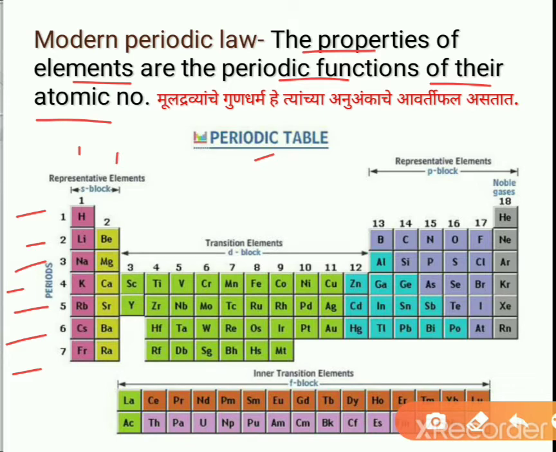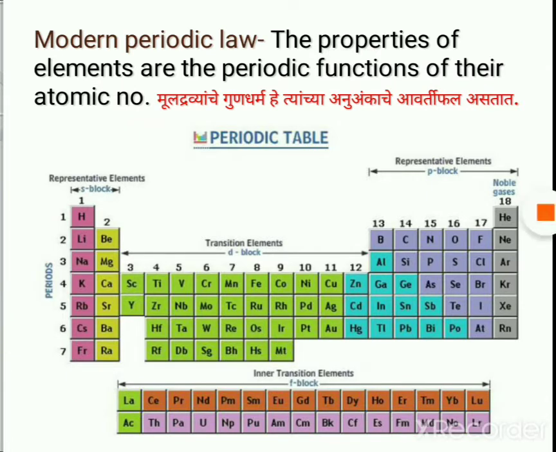First, second, third, fourth, likewise up to 18. And at the bottom of this periodic table, 2 series are shown, that are lanthanide and actinide. We will see it later. Okay, now see the next point.